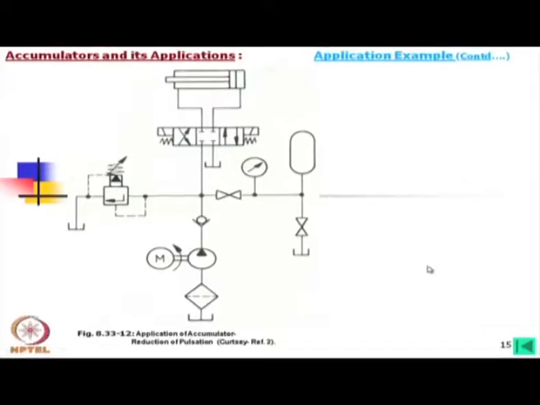Now, another system, this is for pulsation reduction. In that case, we have used a 4/3 closed center valve, and as I told, if there is a pulsating load, to tackle such a pulsating load with less ripple or pulsation, we can simply use an accumulator in the line.